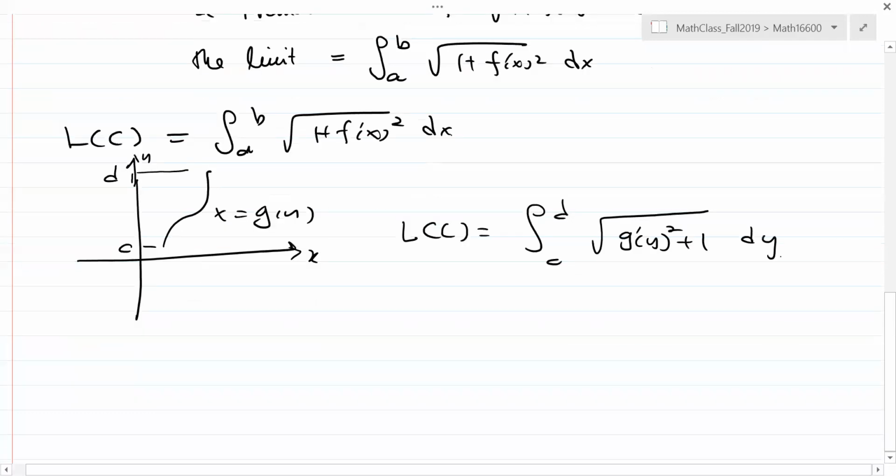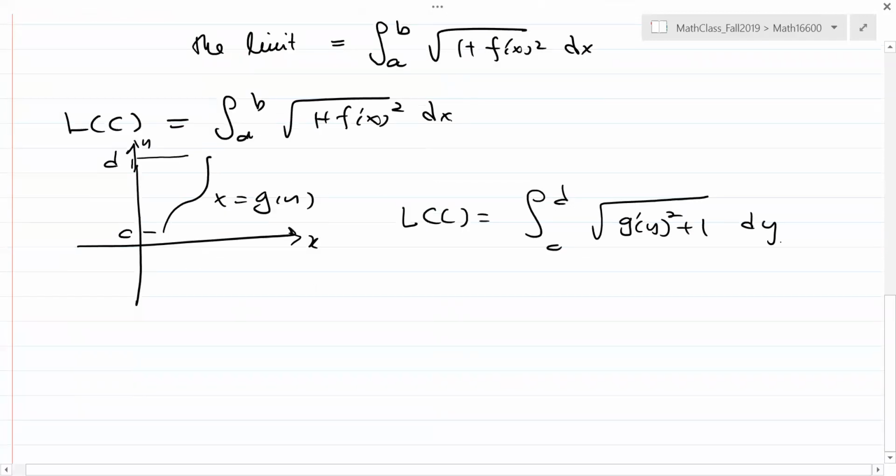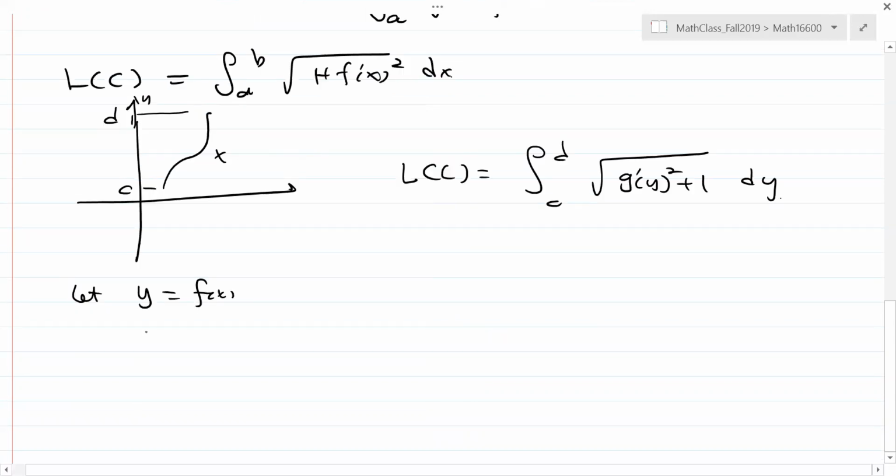So I'm going to look at this integral. I'm not going to specify the formula for the function. I just simply let y be f of x, so that means dy over dx is going to be f prime x.